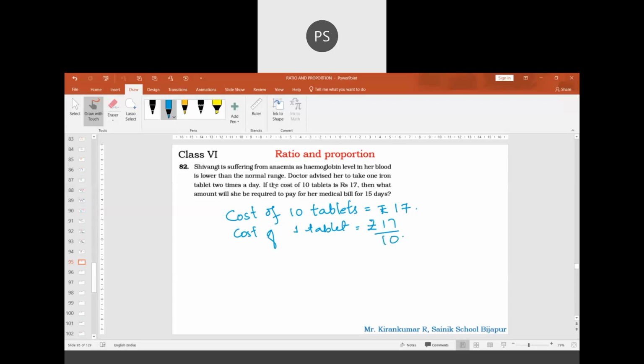So totally how many tablets is she consuming? In 15 days, 30 tablets she is consuming because 2 tablets in a day. So the cost of 30 tablets will be 17 by 10 into 30. We get it as 51 rupees.